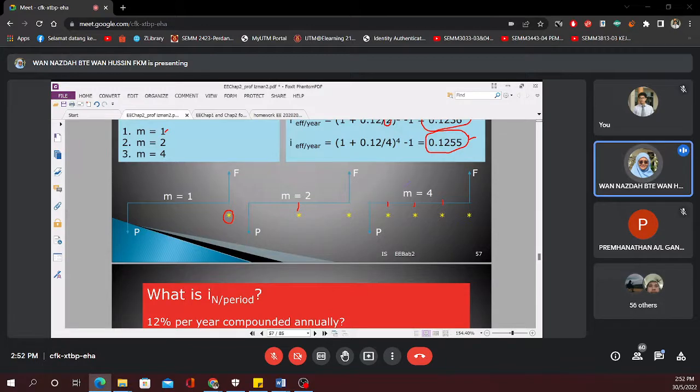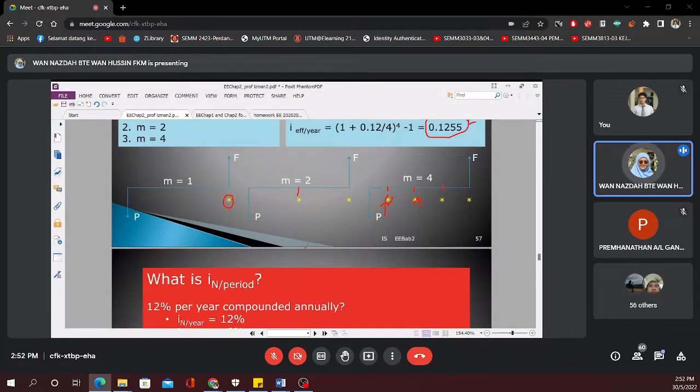If M equals to 4, meaning every 3 months or 4 times a year. Okay, remember, if you want to know the interest here, the principal is this one. And for the second here, the future value is going to be the principal value for the second charging, and so on.